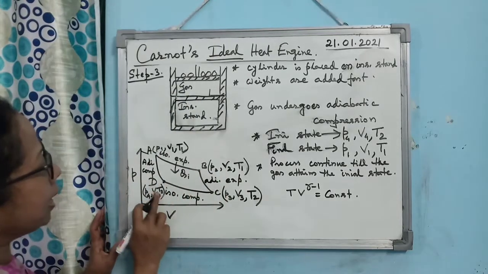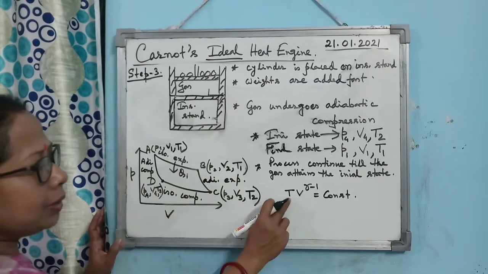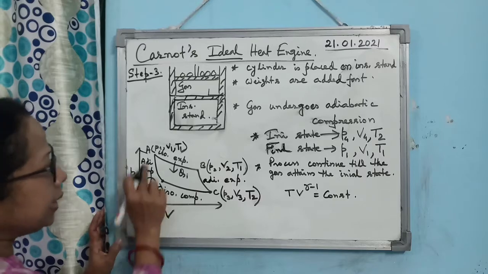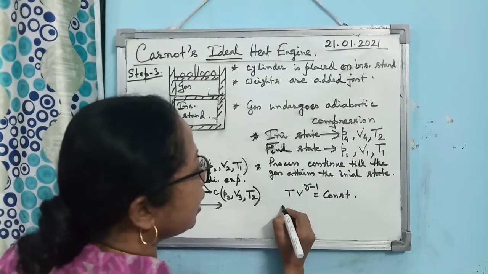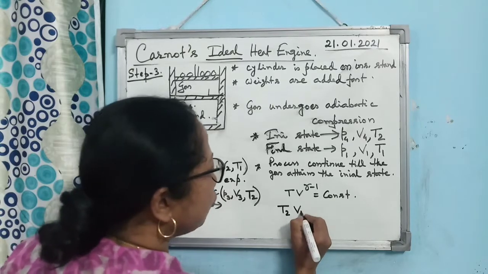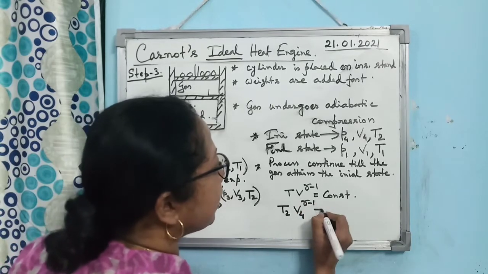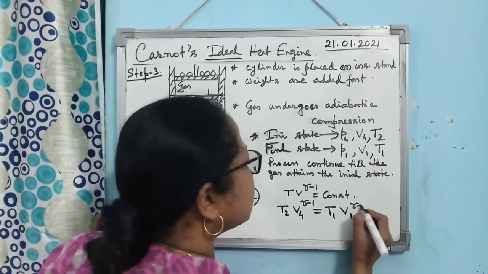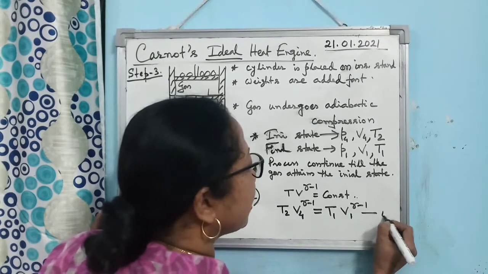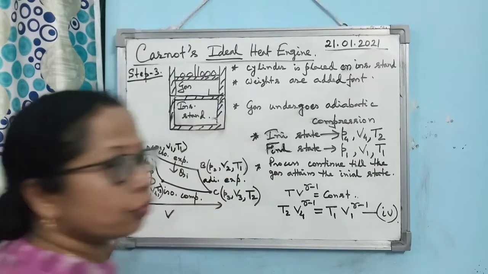If you apply this to the states D and A, the initial and final state, what are you getting? You are getting T2 V4 to the power gamma minus 1 is equal to T1 V1 to the power gamma minus 1. This is equation 4.